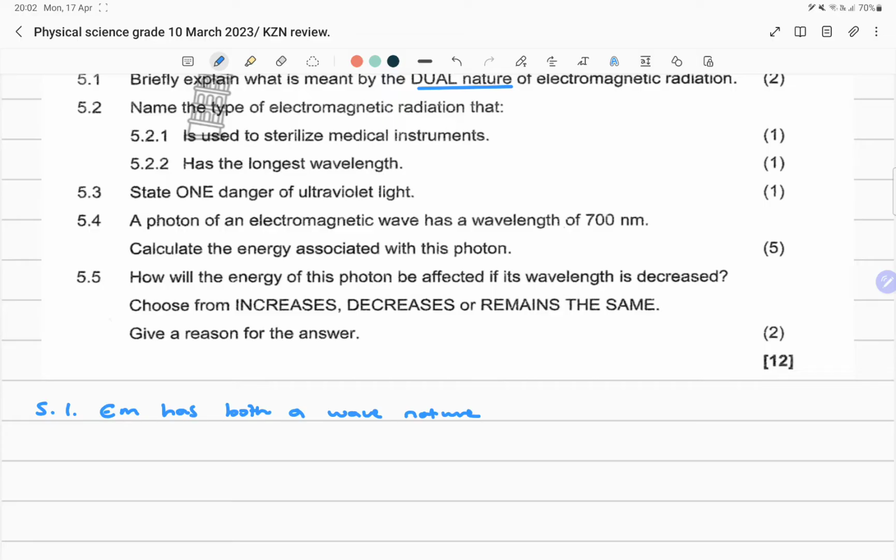at different speeds depending on the medium, all of those things. It has frequency, amplitude, wavelength, all of those things. That's what we mean by the wave nature, and a particle nature.